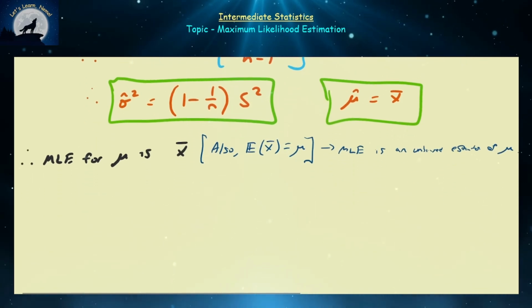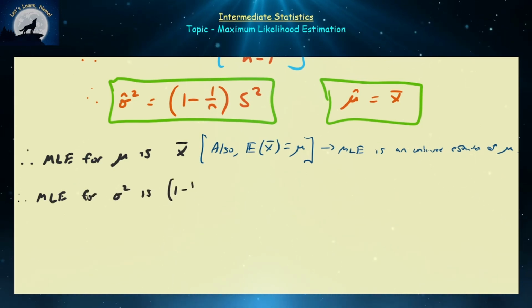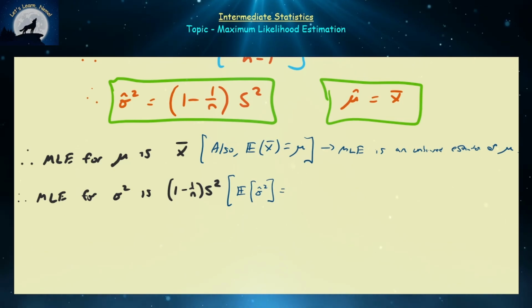Now let's take a look at sigma squared. The maximum likelihood estimate for sigma squared is (1 minus 1 over n) times s squared. If you take the expected value, the expectation of this estimate, sigma hat squared, is equal to (1 minus 1 over n) times the expectation of s squared.